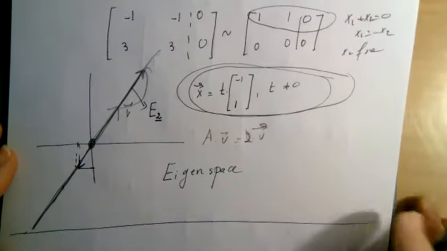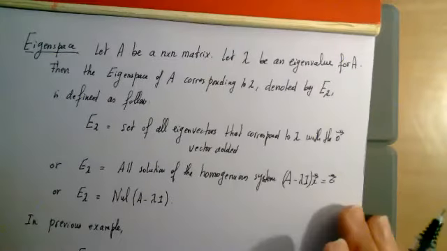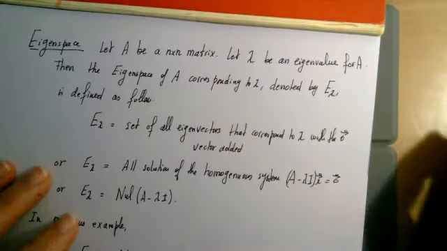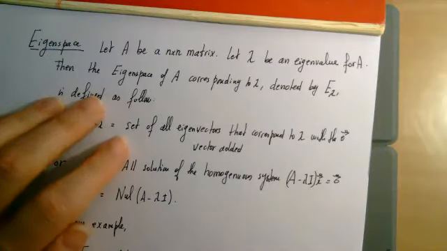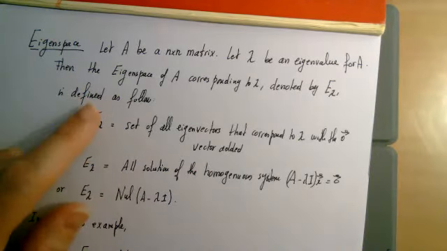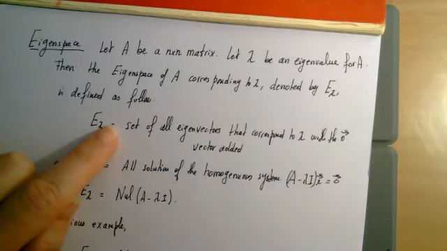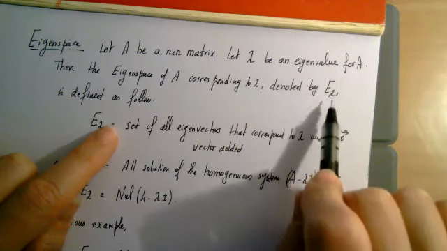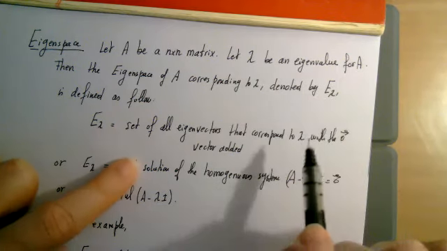So let me define eigenspace now in a formal way. Let A be an n by n matrix and lambda an eigenvalue. Then the eigenspace of A corresponding to lambda, which we denote by capital E lambda, is defined as follows.